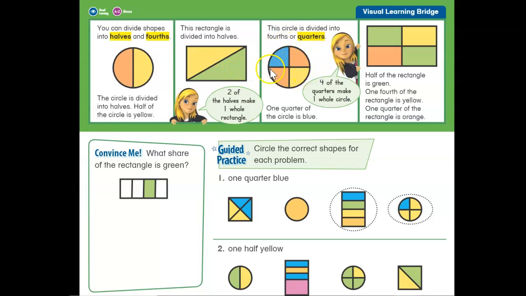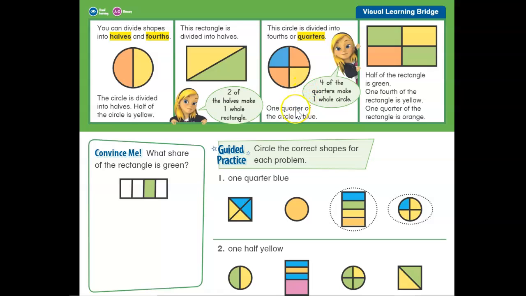Now this is where they're introducing that other word I told you that you could call something that's divided into fourths. Another way to say it is quarters, like the money. There's 4 quarters in $1, just like there's 4 quarters that make up an entire or whole circle. And then they're going to point out what part of them are different colors. 1/4 of the circle is blue. 1/4 of the circle is yellow.